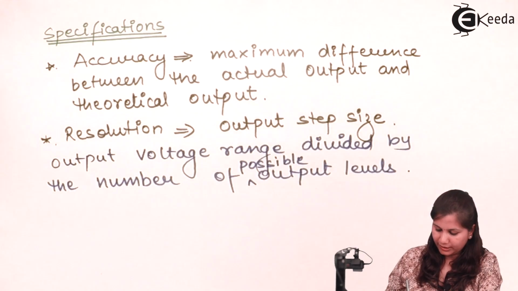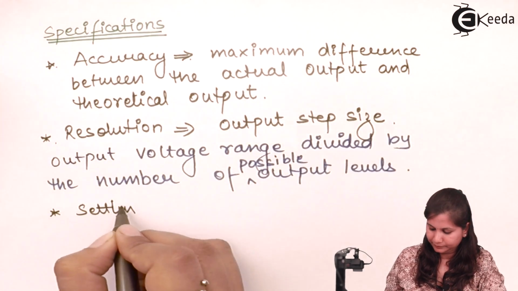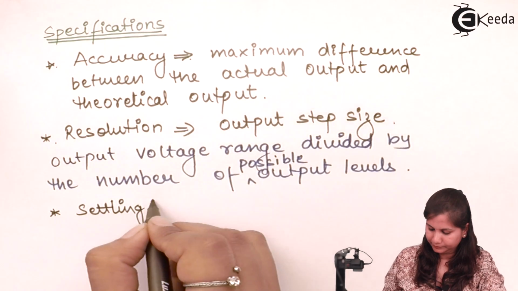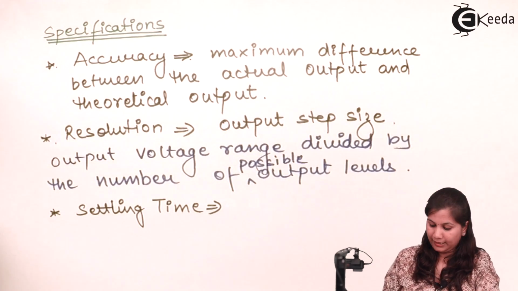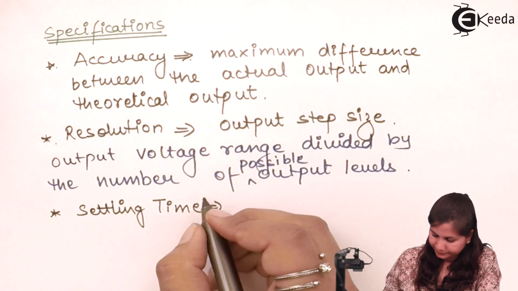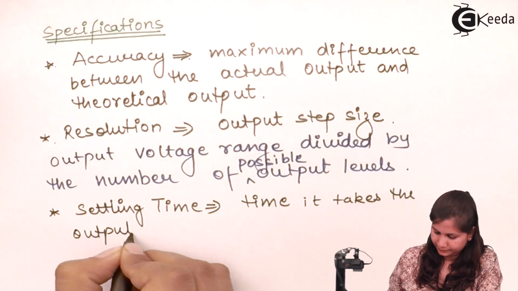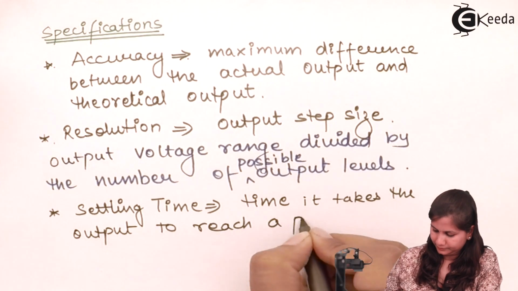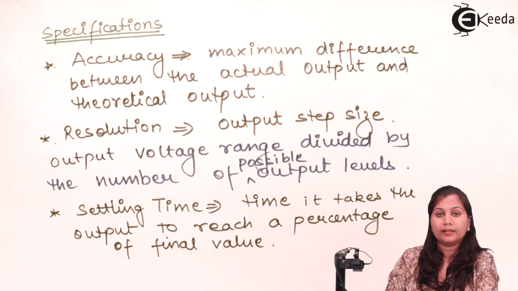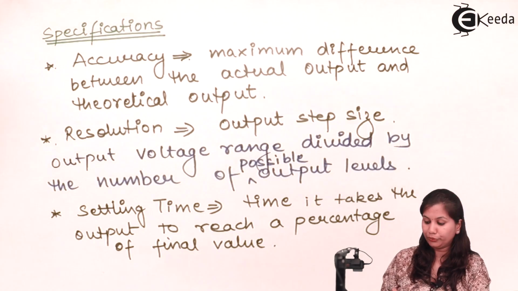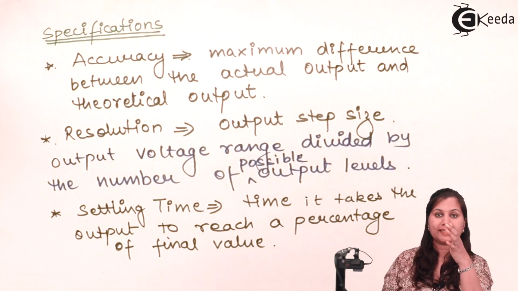Next specification is settling time. Settling time is defined as the time taken by the output to reach a percentage of the final value. Suppose that our final value is 100%.